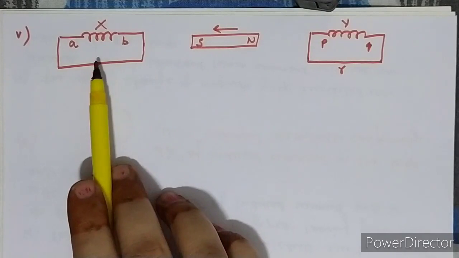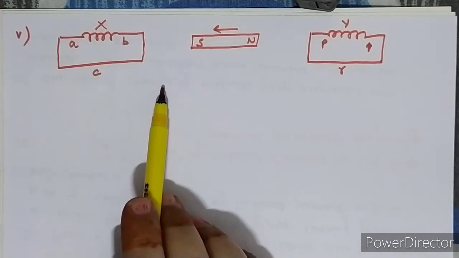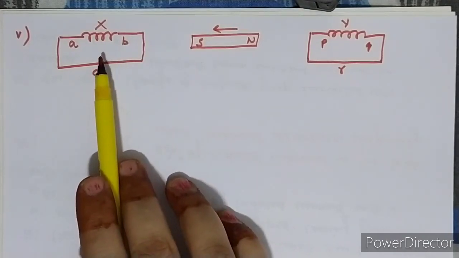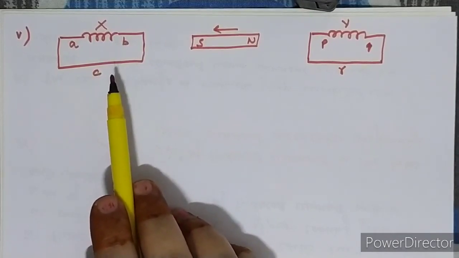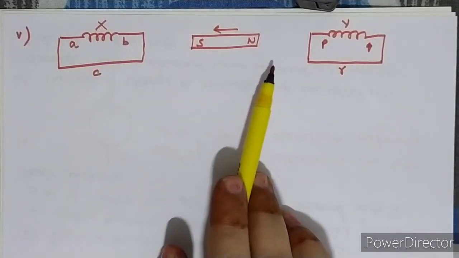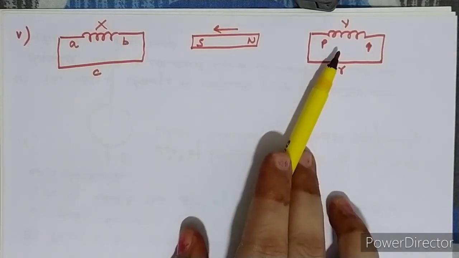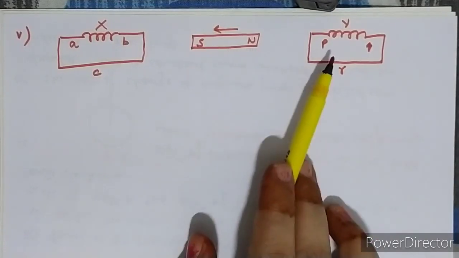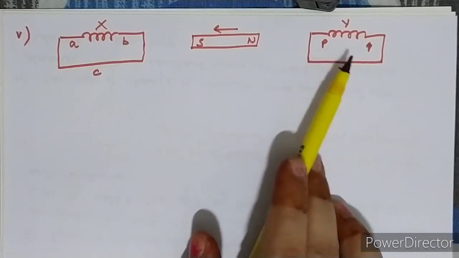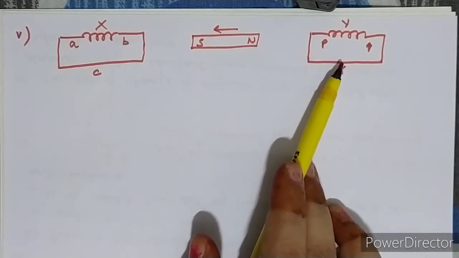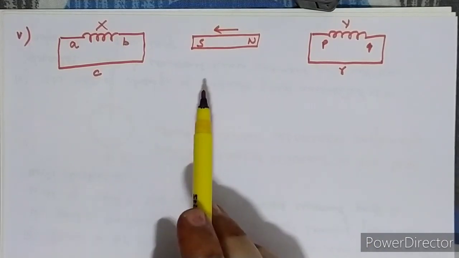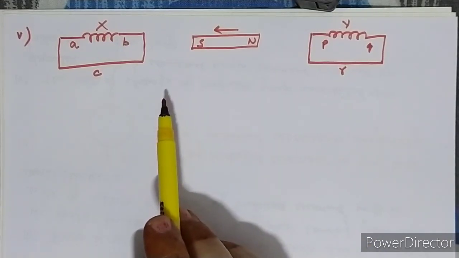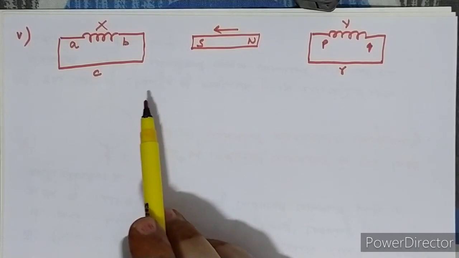Okay, so it was in the opposite way, in the clockwise direction it is in the opposite way, so it was moving in ACB. Okay, and as the north pole is moved away from the coil Y, then the induced current is in QRP. Okay, QRP, just in the same way. Getting my point?